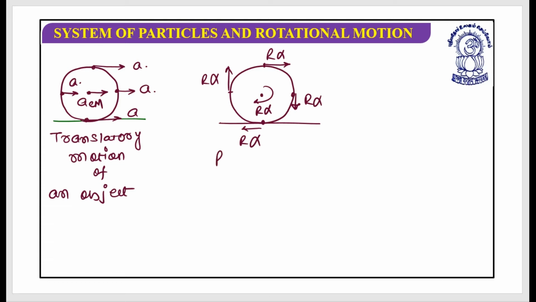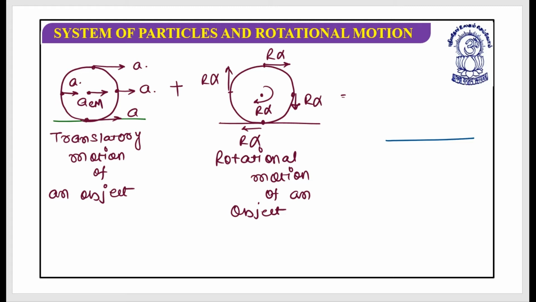This is the rotational motion of an object. If I am supposed to add these two, then what I can have is the rolling motion, which is a combination of translatory plus rotational motion. So this would look something like this.